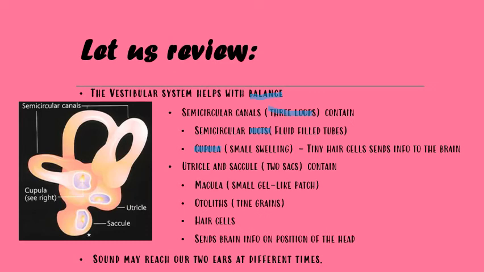And then underneath the semicircular canals, we have the utricle and saccule, which are what? They are 2 sacs, and they contain the macula, which is a small gel-like patch. The otoliths are the tiny grains, and the hair cells. And they also send information on your position of the head.